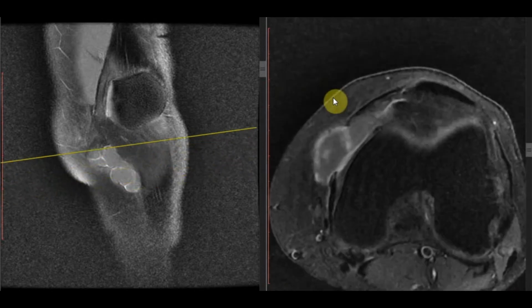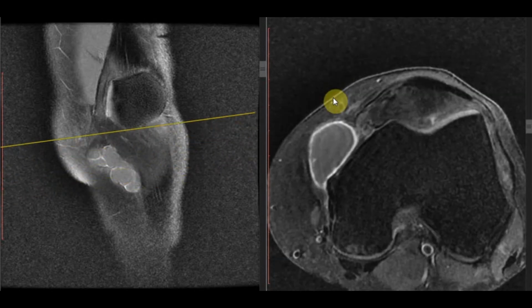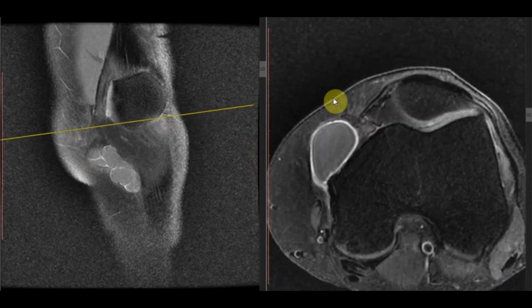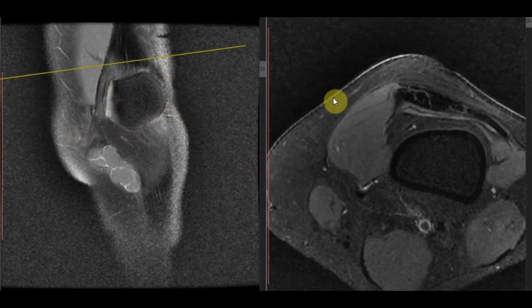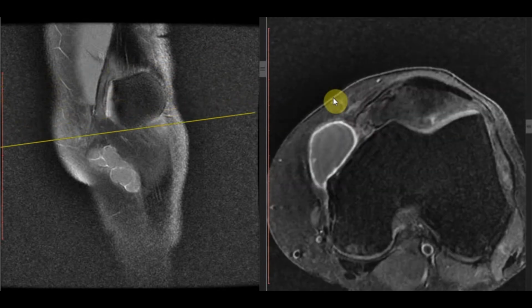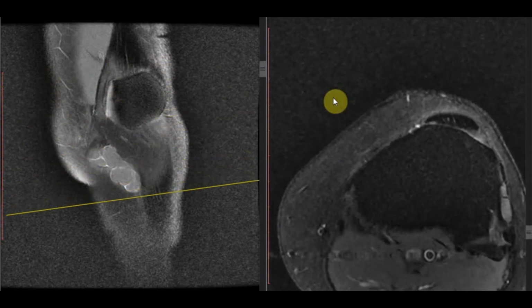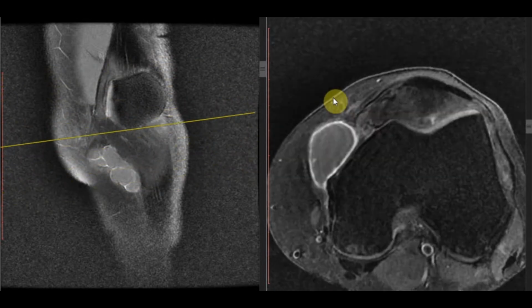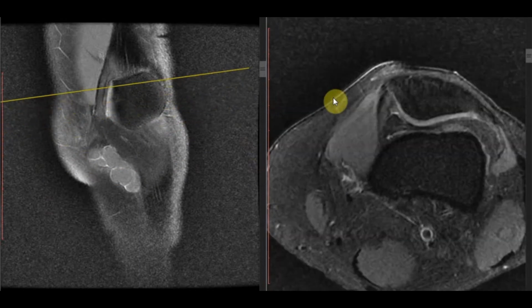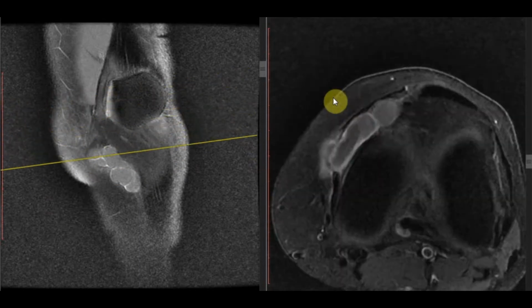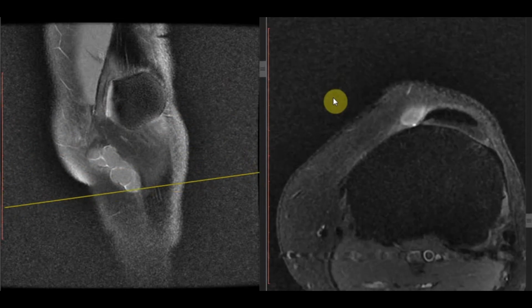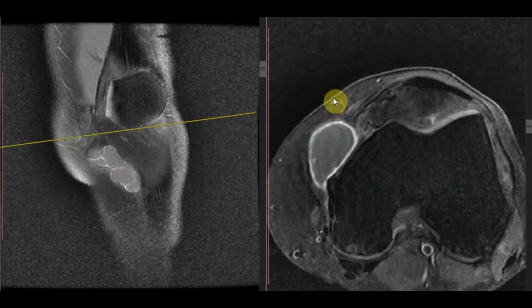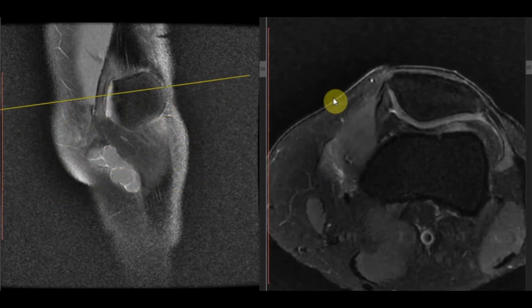Ganglion cysts are generally formed in relation with the joint, tendons, ligaments, and other structures surrounding the joints, and they generally have a connection with the joint by a small neck. So this is a ganglion cyst, multiloculated ganglion cyst along the medial retinaculum.